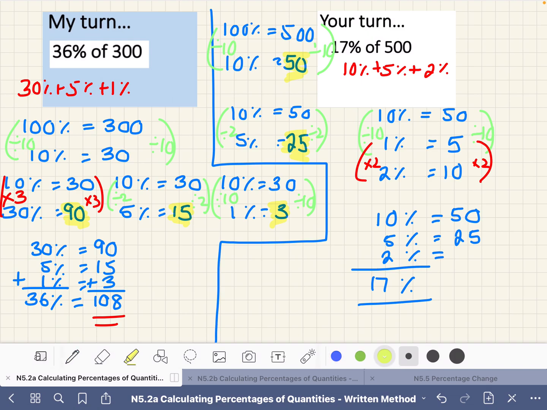And 2% was equal to 10. All in all, we combine them together with addition to give us 17% is equal to 85. This is the answer.